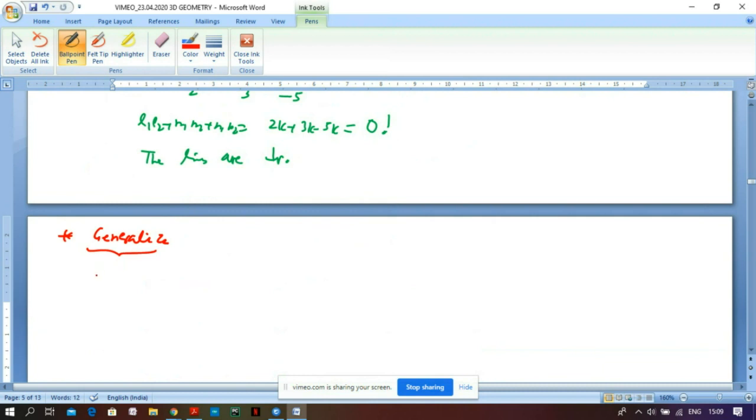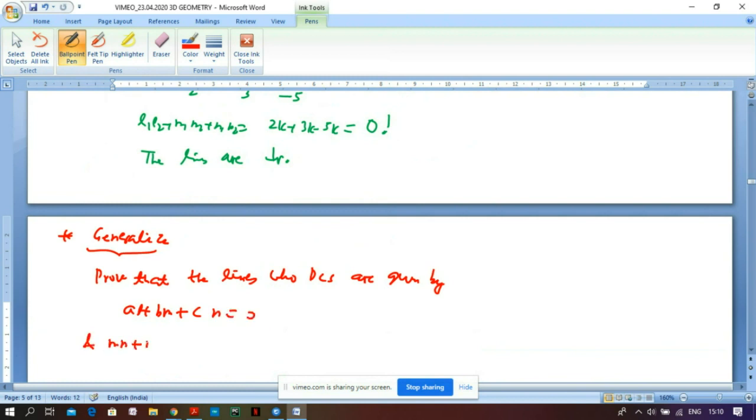It says that prove that the lines whose direction cosines are given by al plus bm plus cn is 0, and mn plus nl plus lm equal to 0.